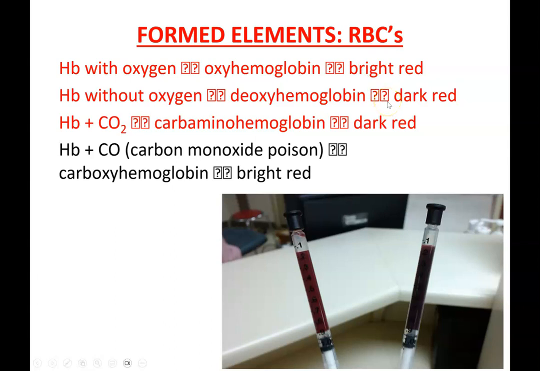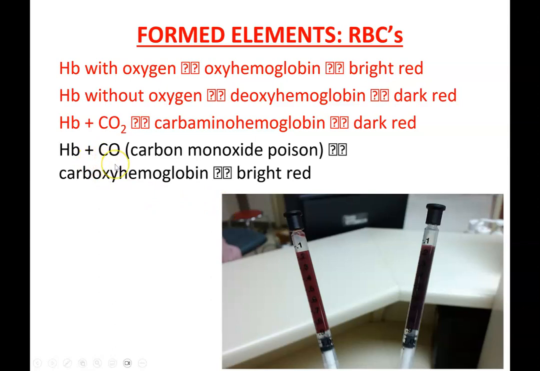So the bright red blood found in arteries is oxyhemoglobin, which is hemoglobin bound to oxygen. The blood found in veins is deoxy and carbaminohemoglobin, so it has a dark red color. Notice the difference in this PowerPoint between the darker red of deoxy and carbaminohemoglobin and the bright red of oxyhemoglobin.